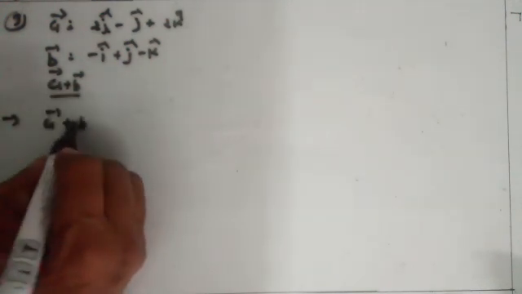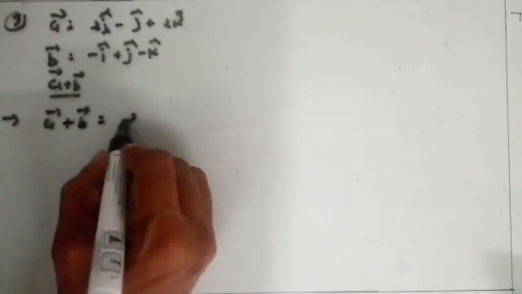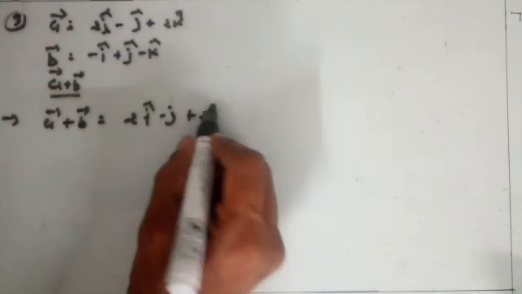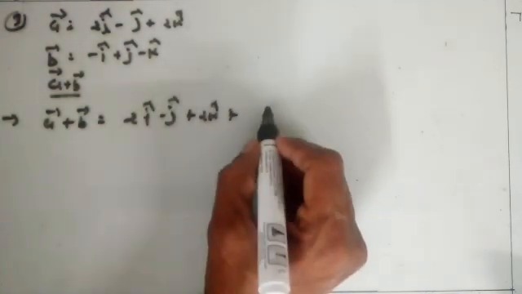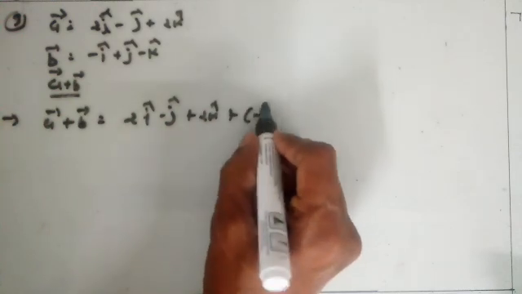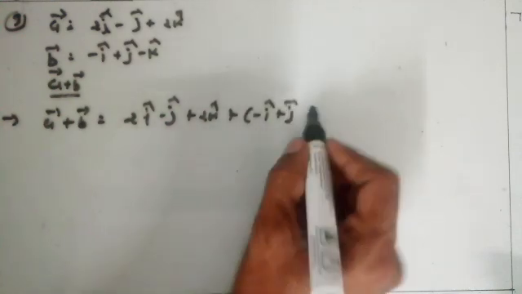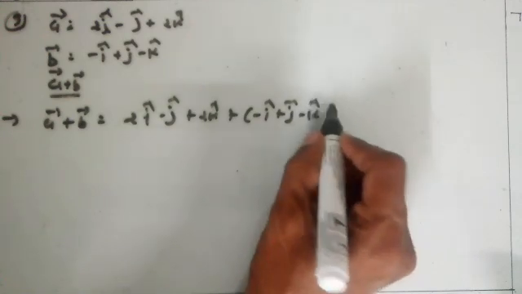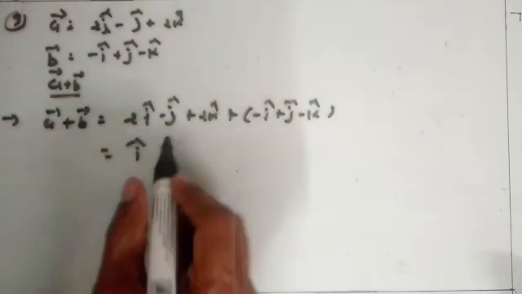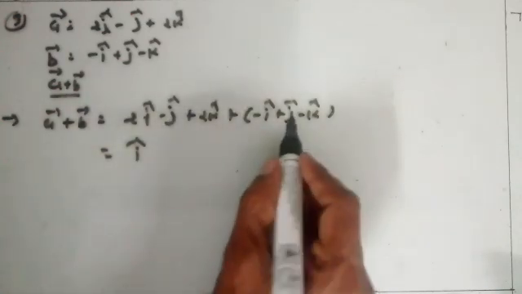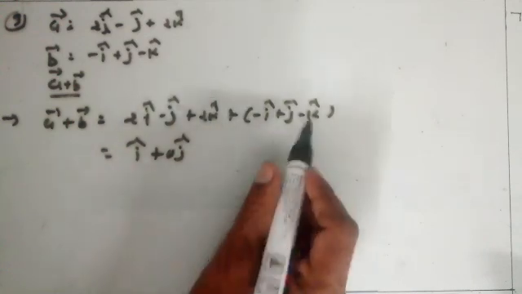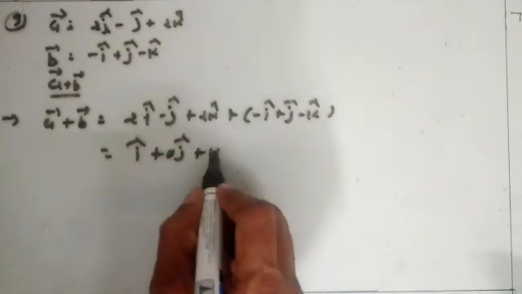Vector A plus B is equal to 2i minus j plus 2k plus minus i plus j minus k, which is equal to 2i minus i becomes i, minus j plus j becomes 0j, 2k minus k becomes plus k.